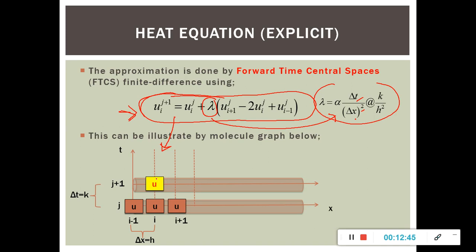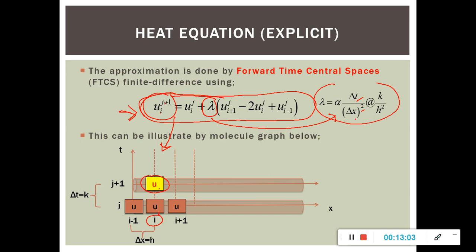So basically, the yellow box over here is the value of u(i, j+1). I meaning that this is the center. So we assume that the coordinate at the center is i.